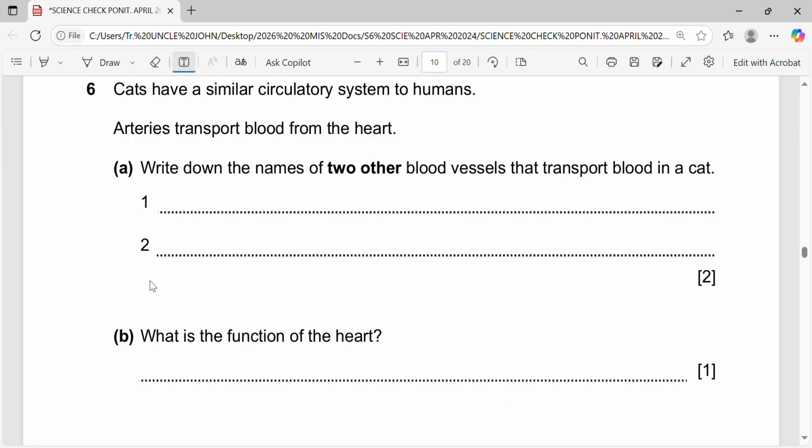Remember, they've said cats are similar in circulatory system to humans. If they are the same, then the other two blood vessels we can say are veins and capillaries.